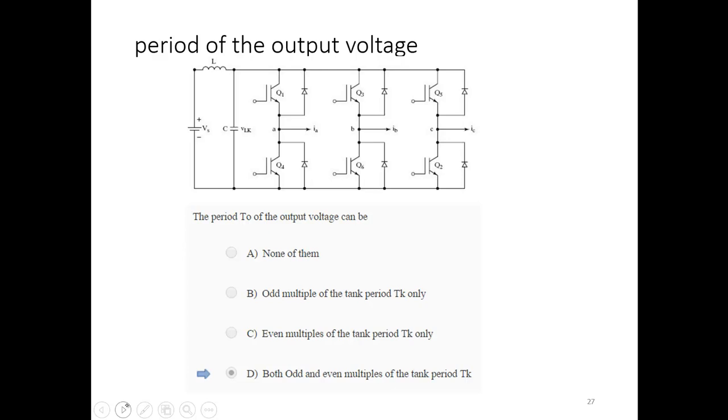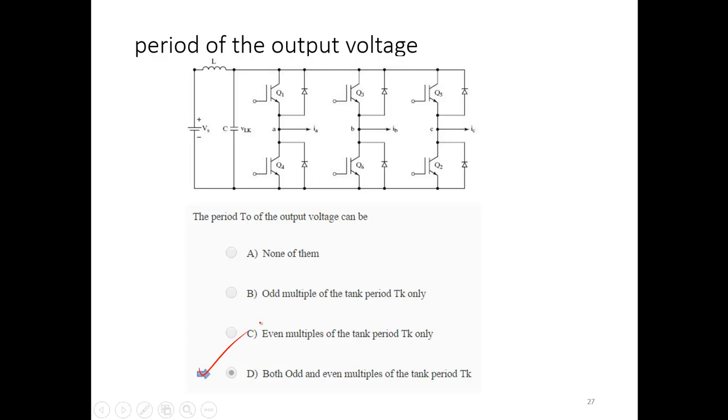You have a number of tank circuits, and you have one device. You increase the three-phase voltages from the resonant circuit. The period of the waveform will be even numbers of the period.